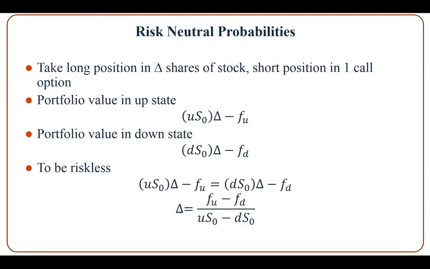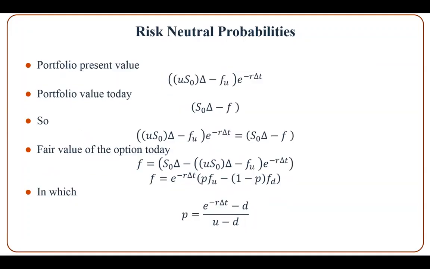Then the portfolio value in the up state and down state can be obtained. And to be riskless, they have to be equal. From there, we obtain delta. The portfolio present value and the portfolio value today can be obtained. Let them be equal. We get the fair value of the option today.